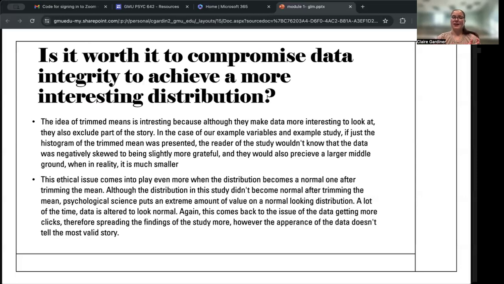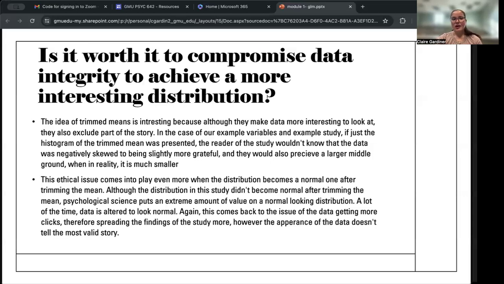Although the numbers on the x-axis of the scale have the same values, it appears to be a much larger middle ground, even though technically it's not. If you're just taking a quick glance, you would see, oh, why is there such a large middle ground, when in reality it's really not.